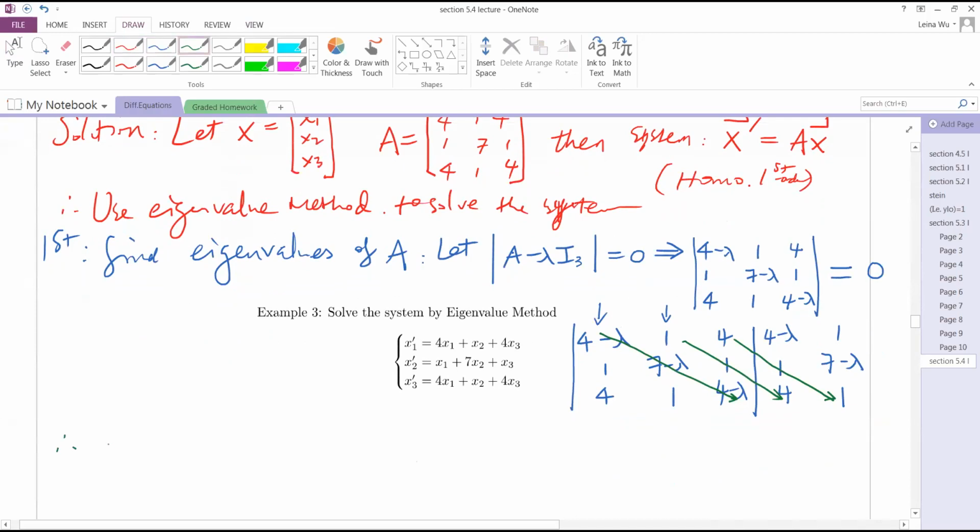I have 4 minus lambda times 4 minus lambda, so that's 4 minus lambda squared times 7 minus lambda, plus 1 times 1 times 4, which is 4, and plus 4 times 1 times 1, that's 4. That's the right word.